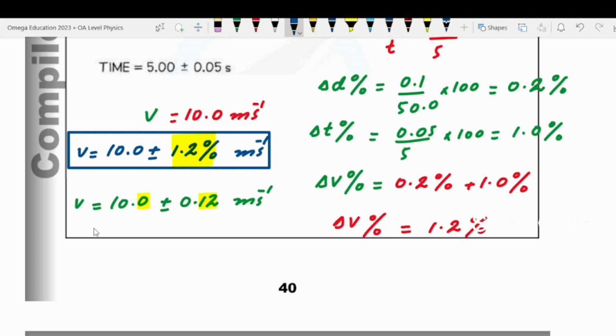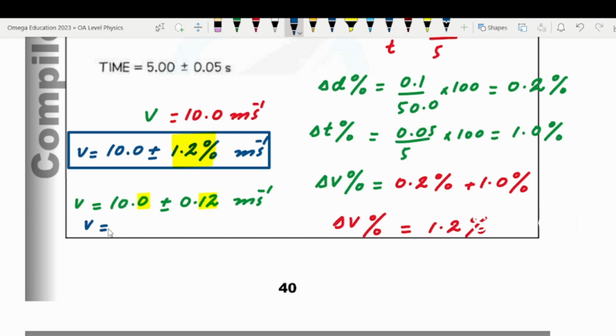You cannot have more decimal places in the uncertainty compared to the number of decimal places in the principal value. So in this value you have only one decimal place. The uncertainty should also have at most one decimal place.